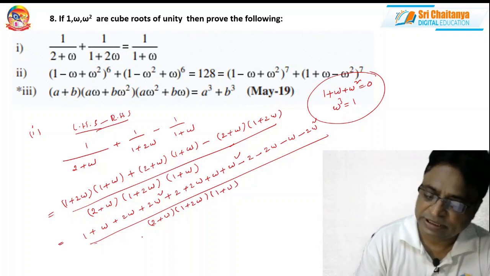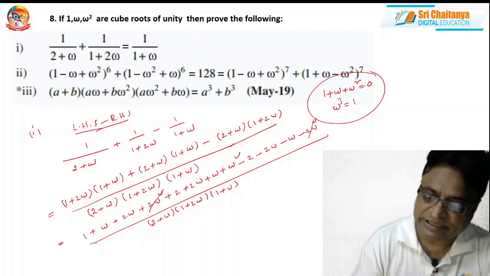Now simplify this. This 2 omega square gets cancelled. This 2 omega gets cancelled. And this omega and this omega get cancelled. And here 2 gets cancelled.